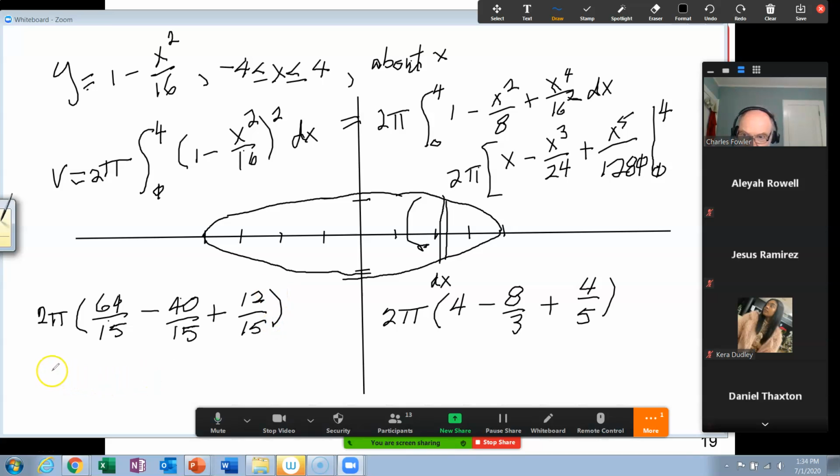Let's see if we have any chance of coming out reasonably. 2 pi times, well, 60 minus 40 is 20 plus 12, that's 32 over 15. And that's going to be 64 pi over 15. Is that what they got? 64 pi over 15. Good for them.